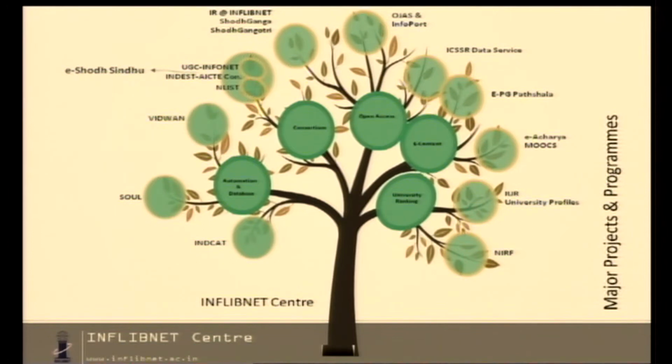Now, these three consortia, namely INDEST-AICTE, N-LIST and UGC-Infonet, have merged to form a single consortium called e-ShodhSindhu. I have already talked about the consortium activities of the INFLIBNET Centre in part 2 of my lecture.